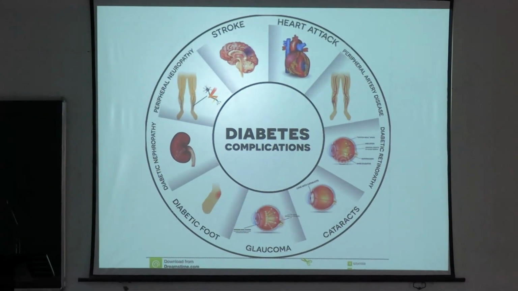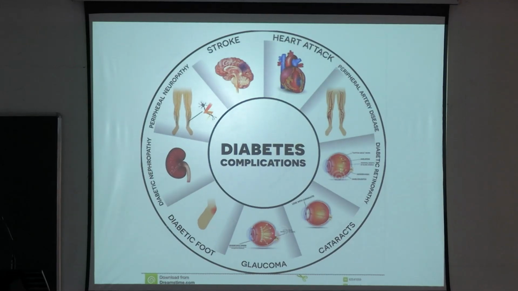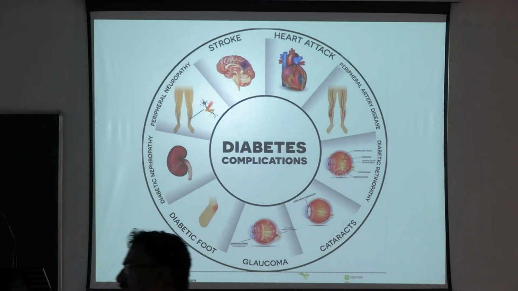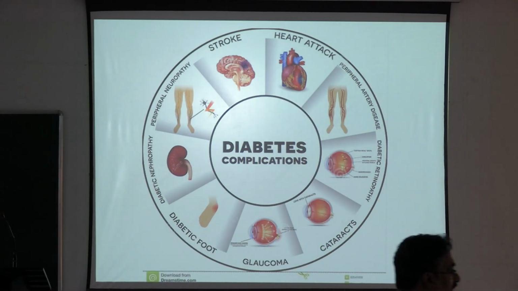So again, what are complications of diabetes? Once again, it affects all parts of the body, not just the blood sugar. It affects the eyes, it affects the nerves, it affects the heart, it affects the foot, it can cause neuropathy, it can cause stroke. So in other words, diabetes is something which is often neglected.